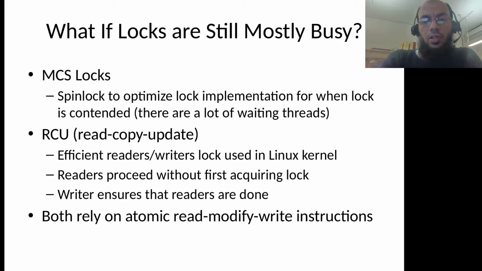There's the RCU read copy update implementation, where you have stronger guarantees when the thread is writing, versus if you're running to read. So threads that are reading the data have more relaxed guarantees. And both of them, we said, rely on atomic read, modify, write instructions.